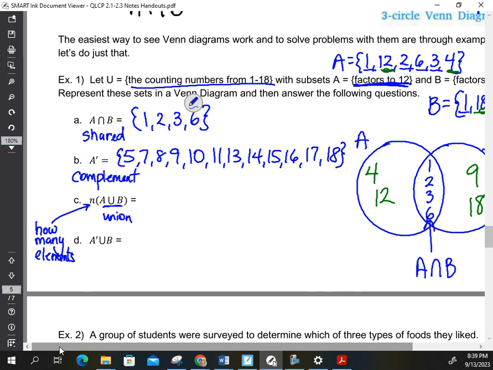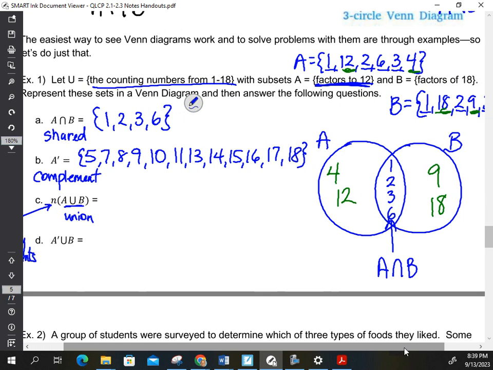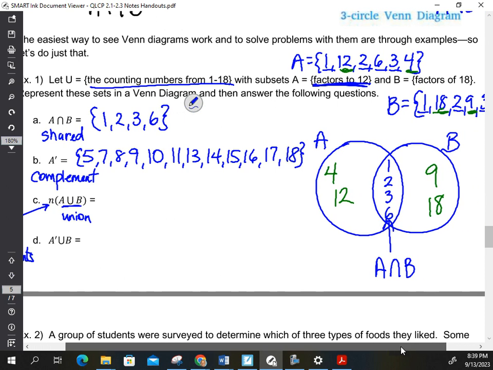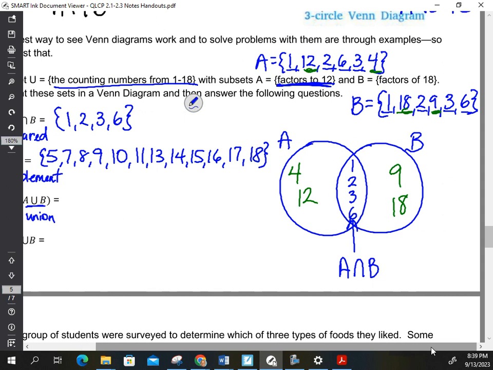A union B. So we take the A set and the B set, and we unite them. They both have the numbers 1, 2, 3, and 6. We know that already. A brings along 4 and 12. B brings along 9 and 18.